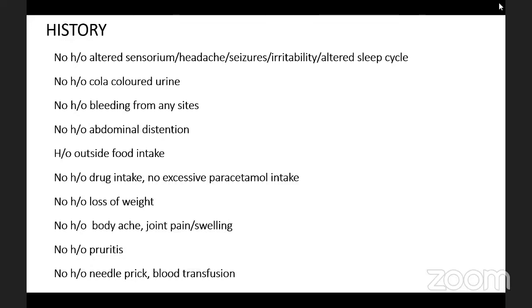Maybe it is due to drug intake, sir. Can you think of any causes of indirect hyperbilirubinemia? Sir, indirect hyperbilirubinemia may be precipitated by fever or infection.